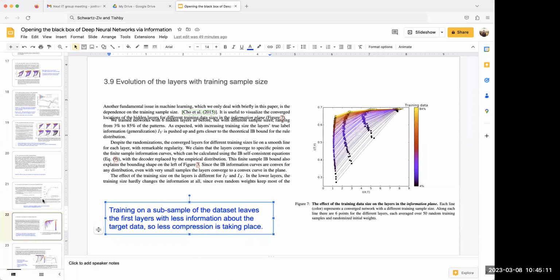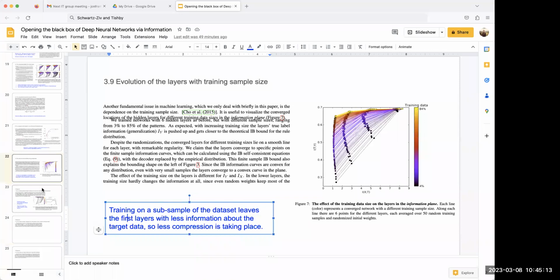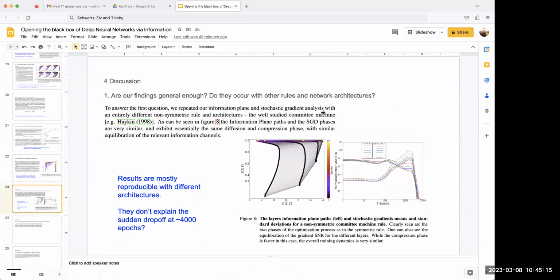They do have one more plot where they just changed the network. In the beginning of the paper, they say they're only going to use one architecture, but then they throw in this second architecture at the end, and they say it has the same results.